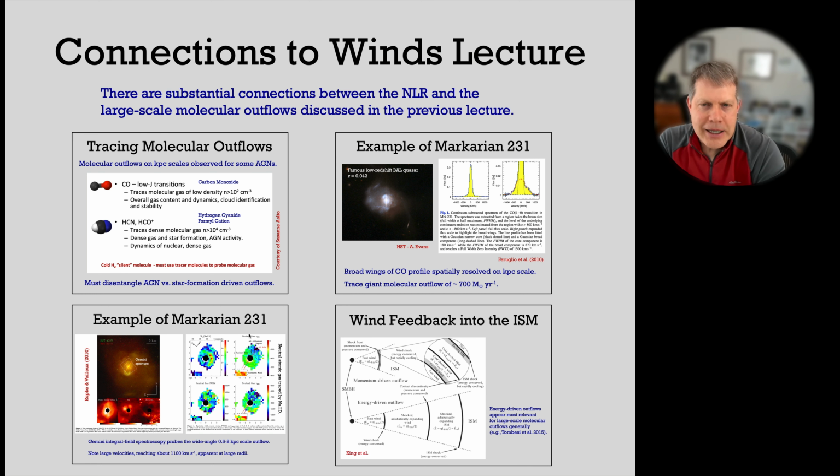All of these ideas, I'm sure you can appreciate, are broadly connected to what people are similarly talking about for the narrow line region, where people see now their narrow line region often has an outflow character and may be related to this feedback phenomenon.